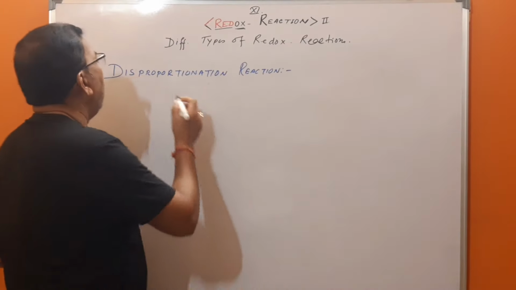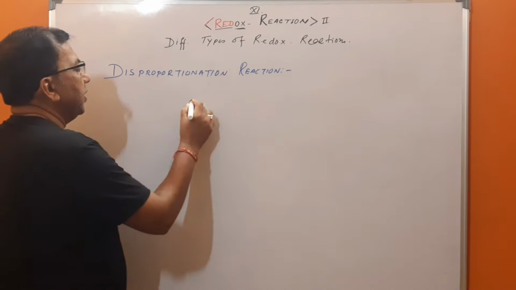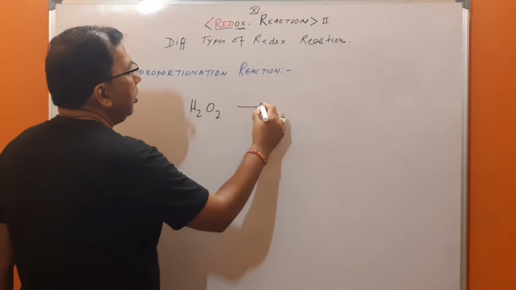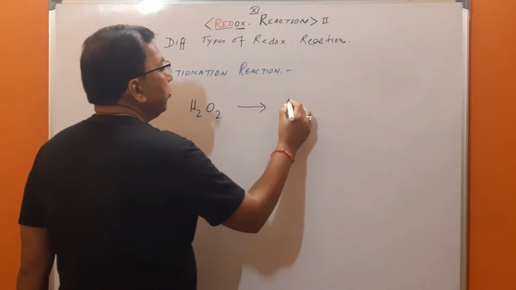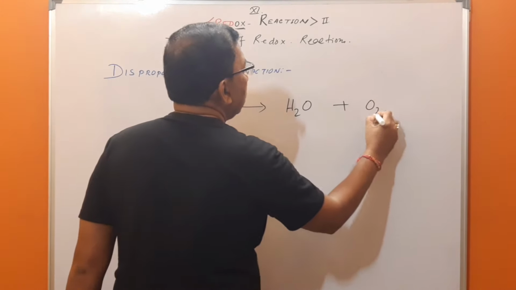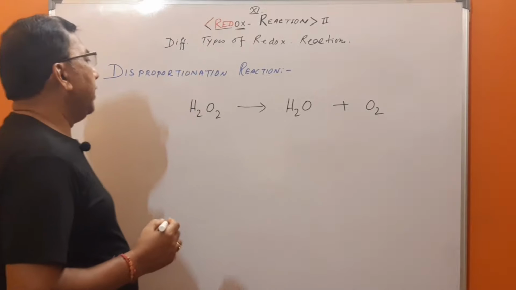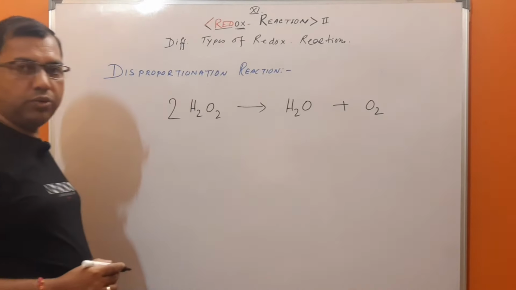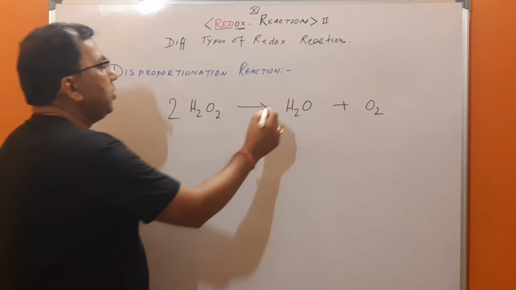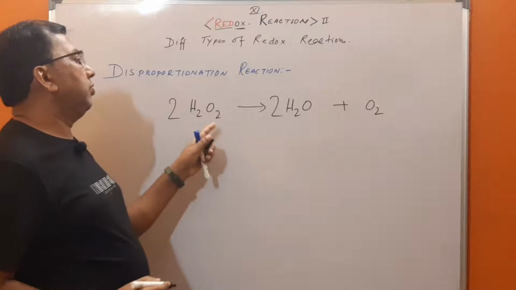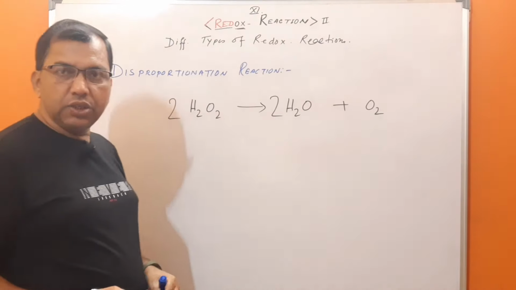Suppose a disproportionation reaction: H2O2 forms H2O plus O2. That is, 2H2O2 gives 2H2O plus O2.